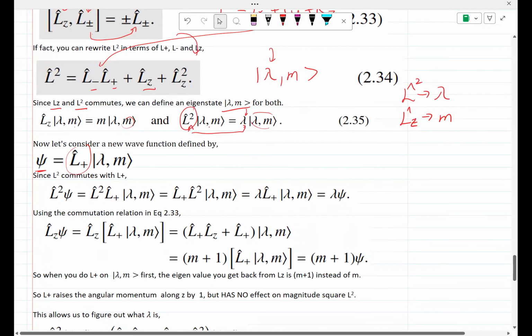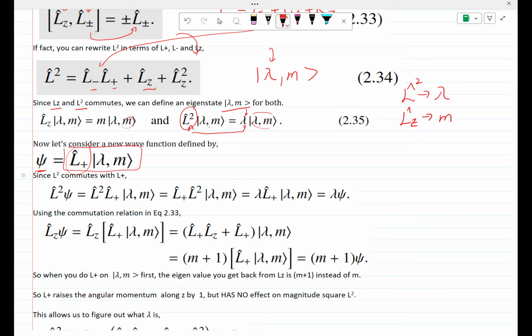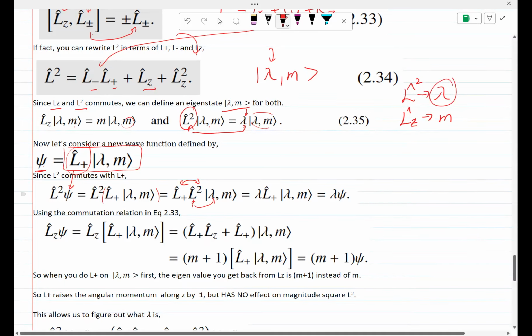What you can do is, if I stick this whole wave function in here, that's the same thing as L plus acting on the eigenstate first, and then L square acts on it. But since they commute with each other, I can switch the order. When I switch the order, L square has an eigenvalue of lambda, and therefore that lambda pops out.